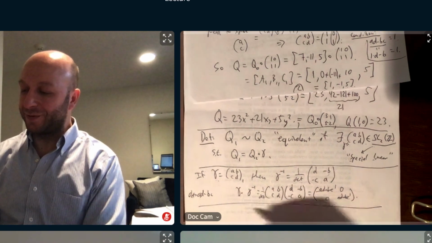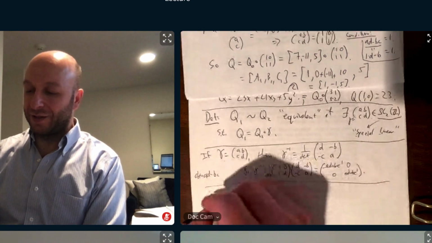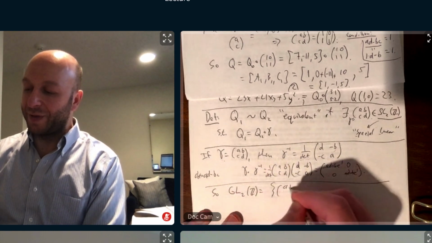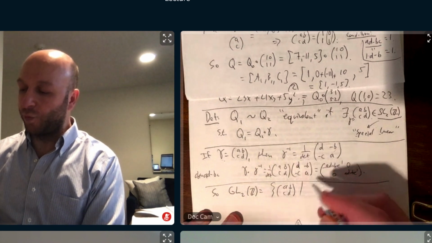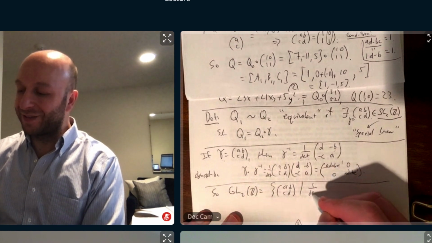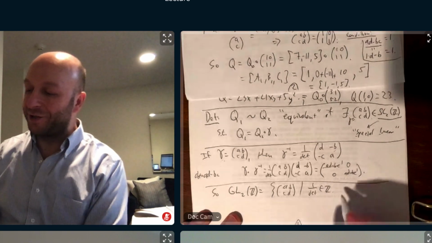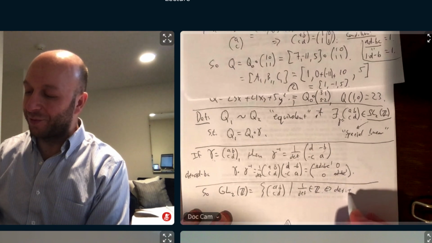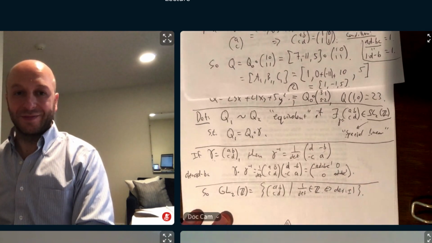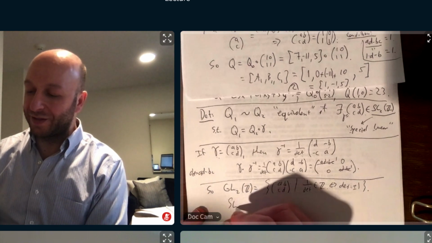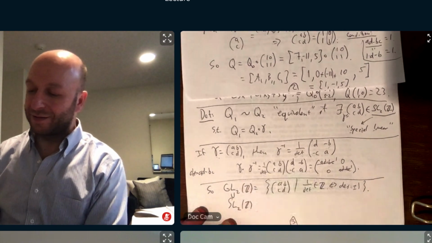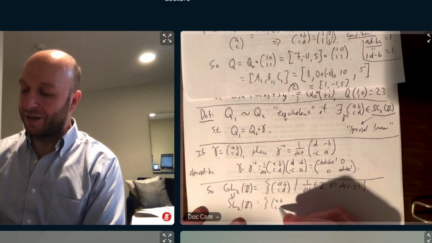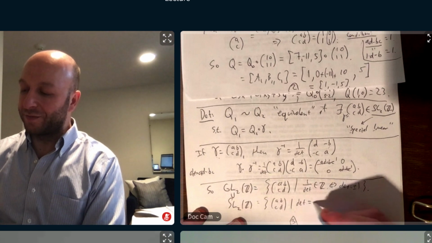So GL2Z, the invertible matrices, is matrices ABCD with 1 over the determinant being an integer. And the only way 1 over an integer is an integer, the only invertible integers, are plus or minus 1. And SL is the subgroup of this consisting of matrices ABCD with determinant equal to plus 1.